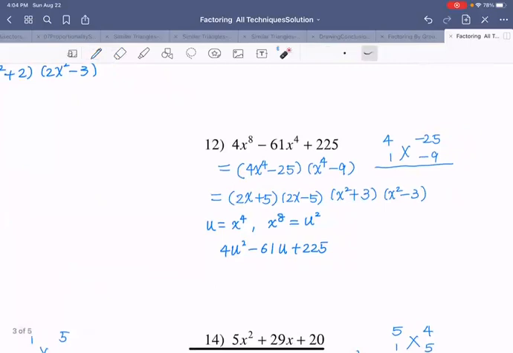Okay, well, you have to figure out this guy. 225 is 15 squared. 15 squared is 5 squared times 3 squared. So this is negative 25. This is negative 9. And then negative 36 minus 25. Here you go, minus 61.